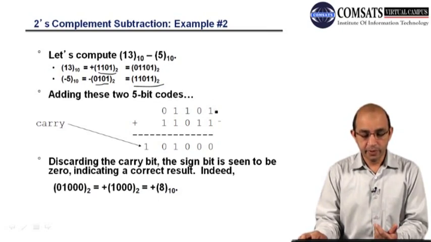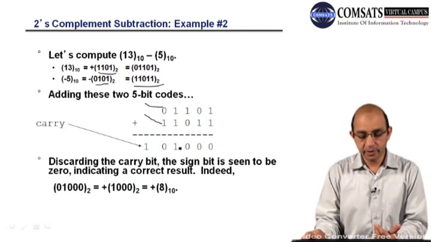So this is the twos complement of this negative number, and then we will add these two numbers. So this is 13, 0 is indicating that it has a positive sign, and this is the twos complement of minus 5, and 1 is indicating that it is a negative number.